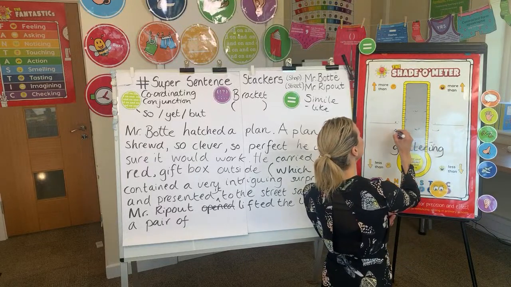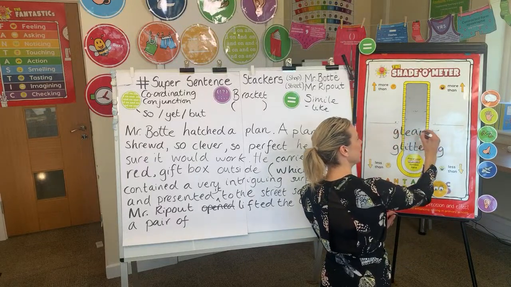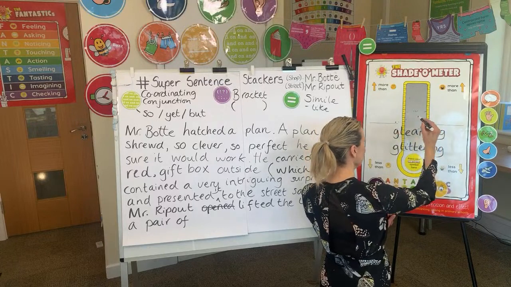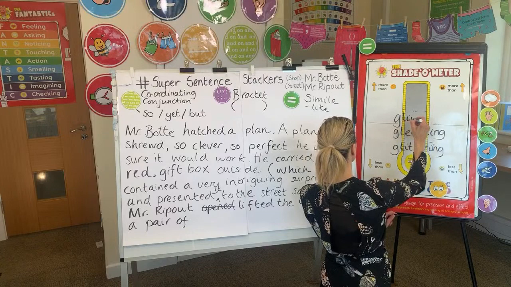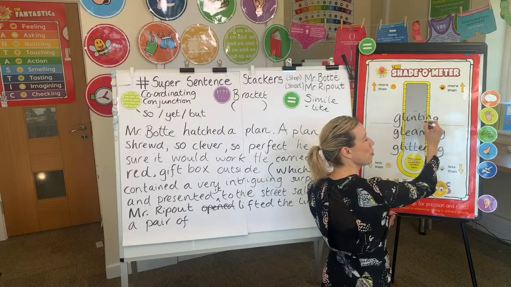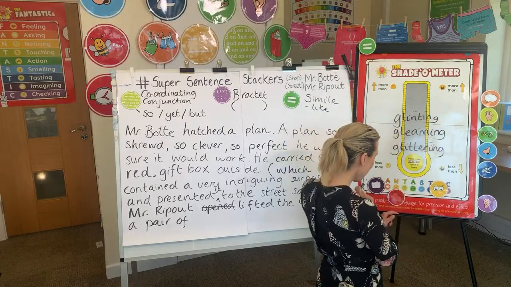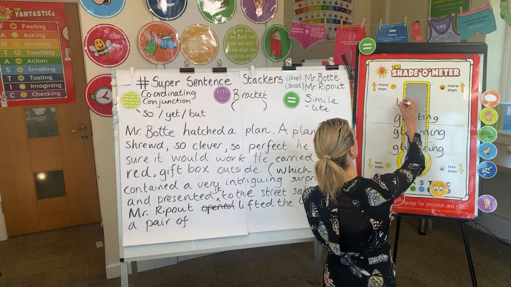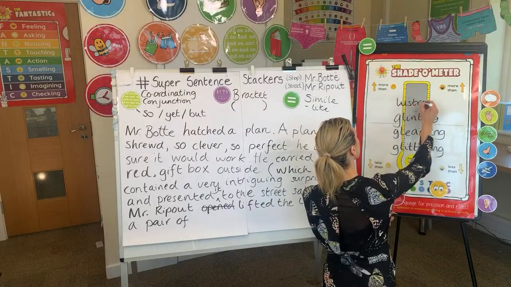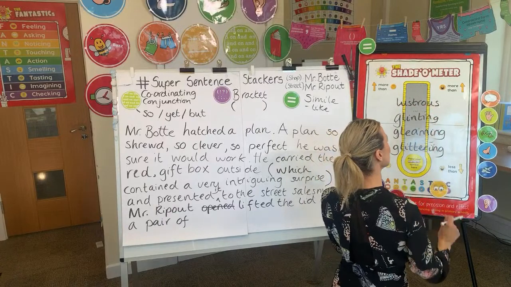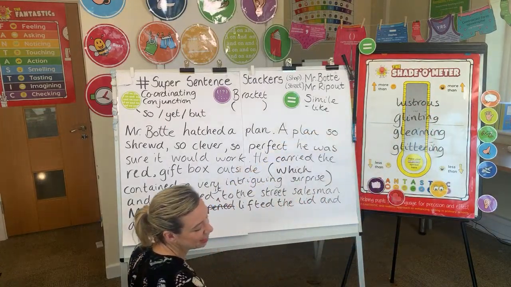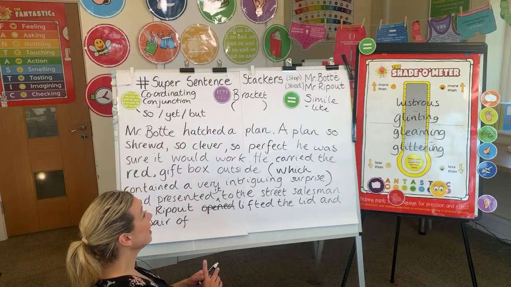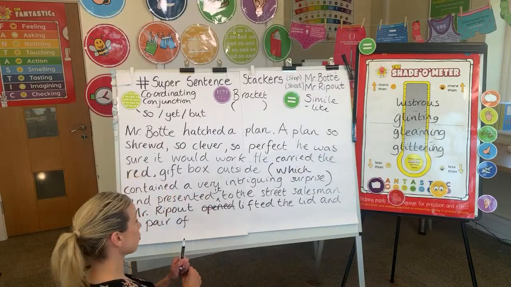The gleaming. Oh, I like that word. The gleaming gold shoes. The glinting gold shoes. These are all great words. Lustrous. The lustrous gold shoes. I actually really like glittering, it seems, after all.